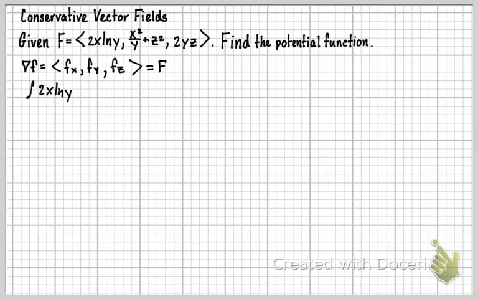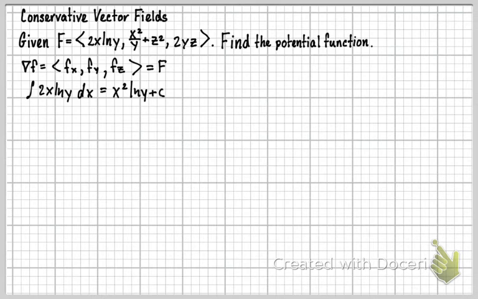So I integrate with respect to x, and this is going to be x² ln y. Now ln y doesn't serve a purpose here because it's just a constant with respect to x. So my variable is 2x, which turns out to be x² ln y plus c.